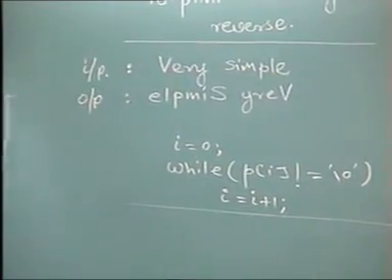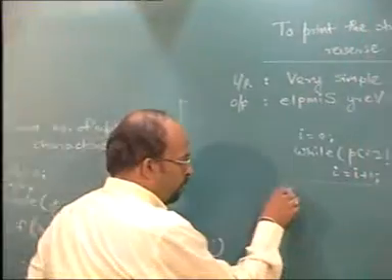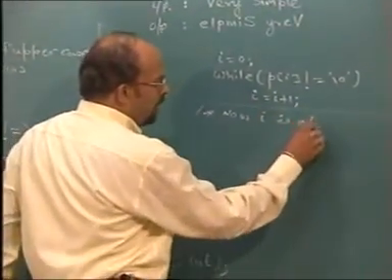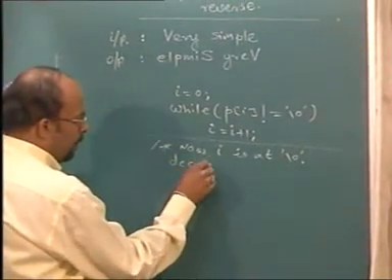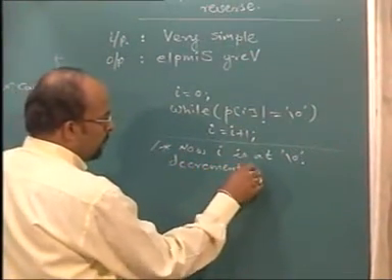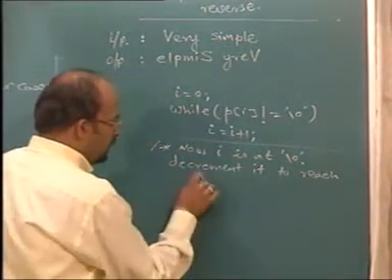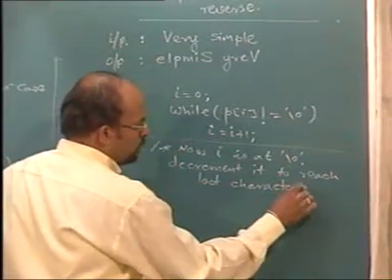You will have to come one step before it. Okay. So now I is at \0. Decrement it to reach the last position or last character, because \0 is not part of the string.